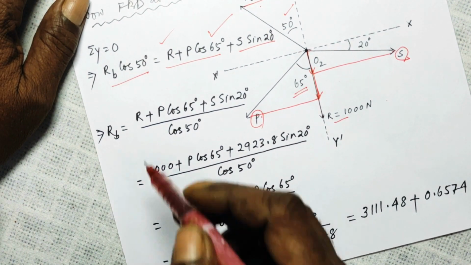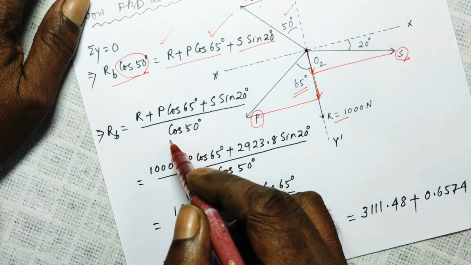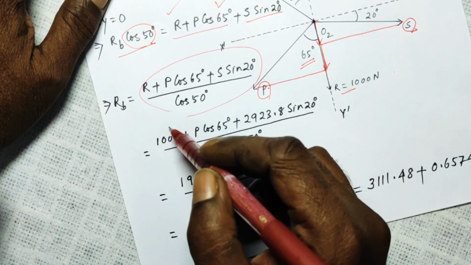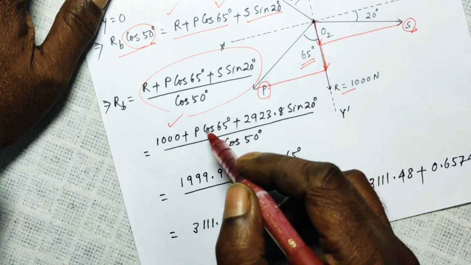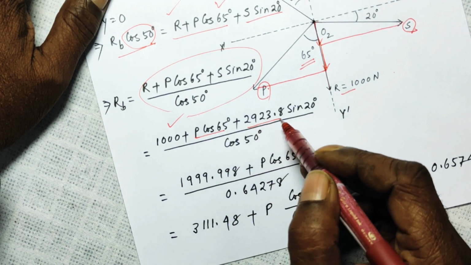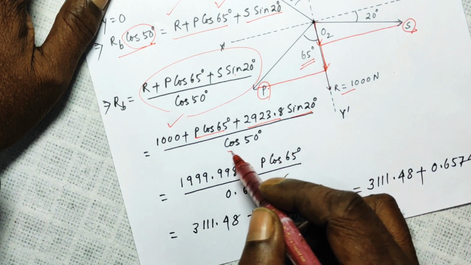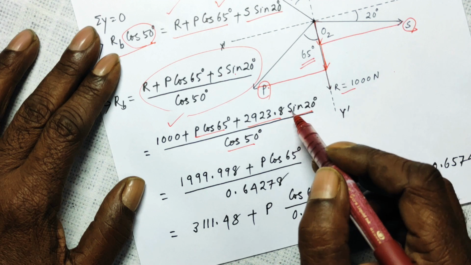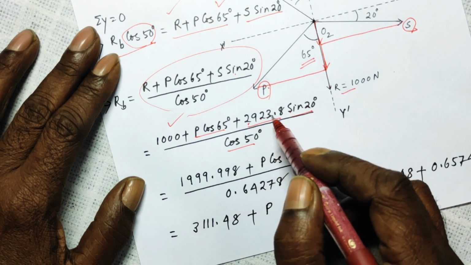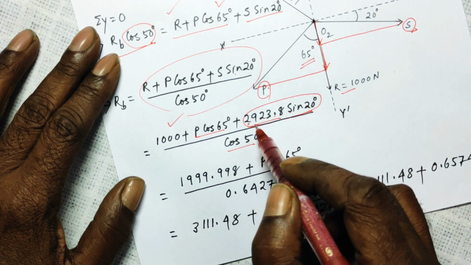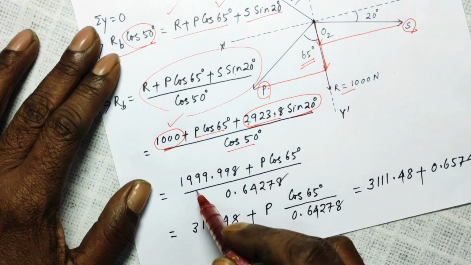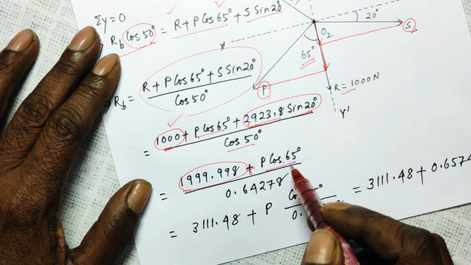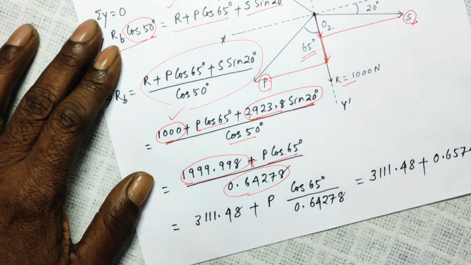So take cos 50 to the right hand side, it is divided. Now put the value of R, keep it as such. Put the value of S which you calculated, sine 20 divided by the cosine of 50. Now put sine 20, multiply with 2923.8 and add this to 1000. We get this much plus P times cos 65 divided by this.